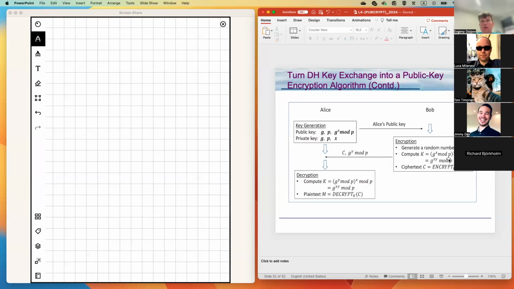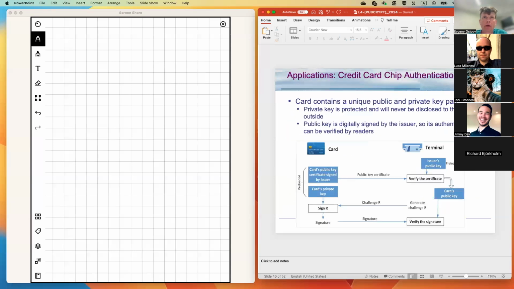You can think of it as a public key style encryption. Does VPN create a key in this way? No, VPN rather uses, well, no, they don't use Diffie-Hellman directly.